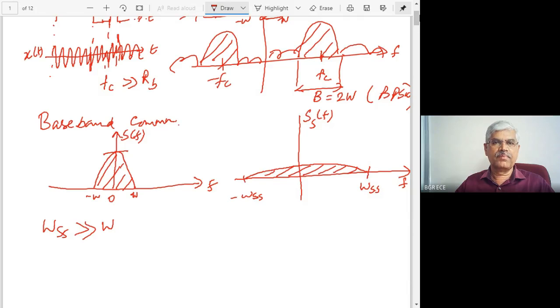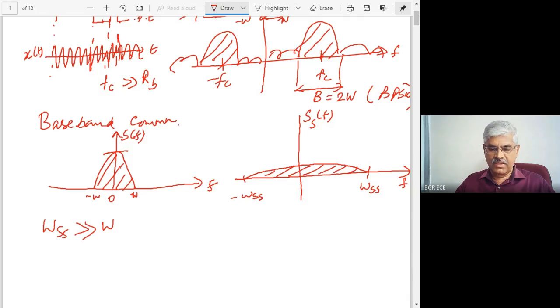So how does it jam? It will generate some other garbage waveform in your band of interest. You are transmitting in this band, for example, in a particular band like this. In that band itself, they will generate another waveform. You are transmitting this waveform, but they will transmit some other garbage waveform in the same band, so that it will interfere, and you will not be able to detect your original signal.